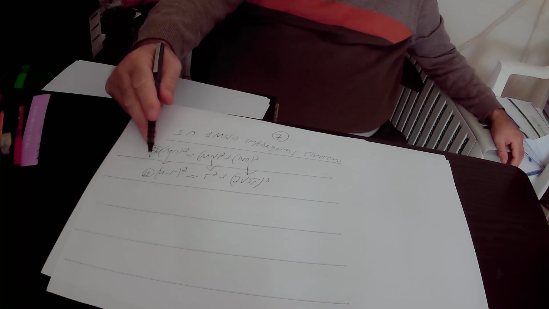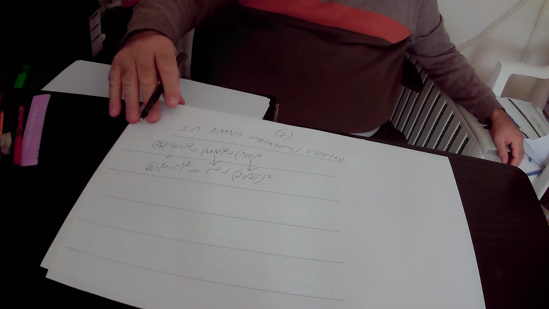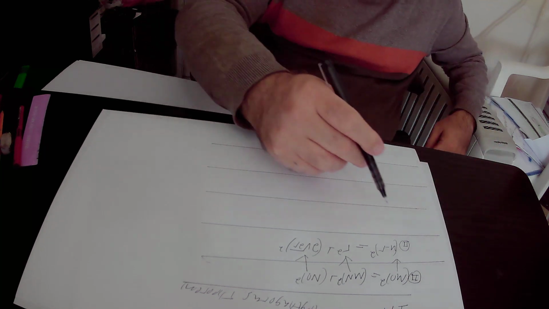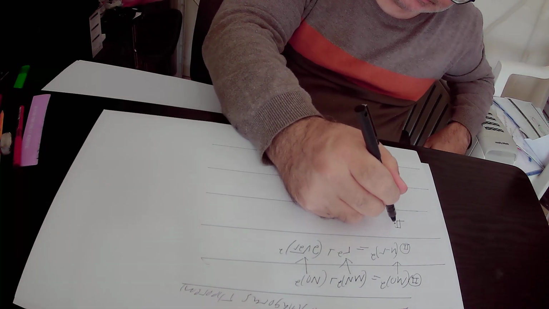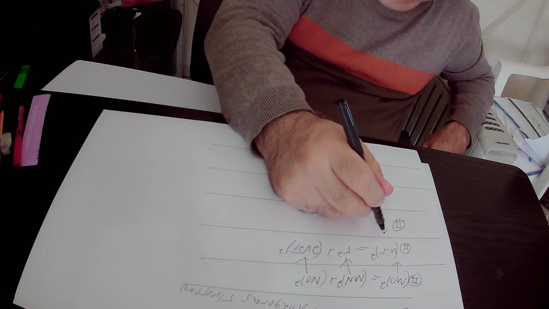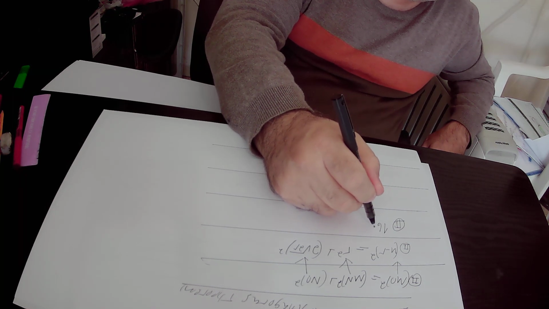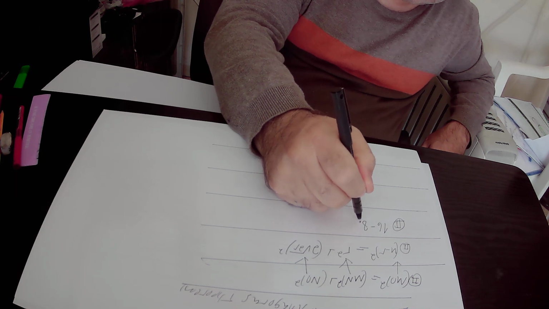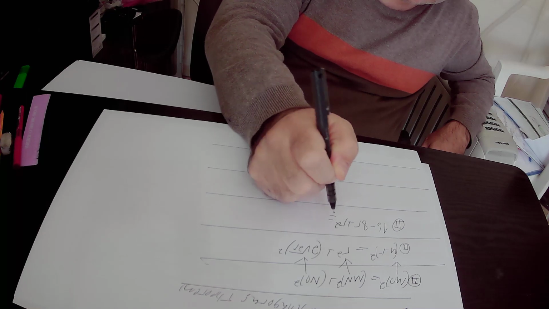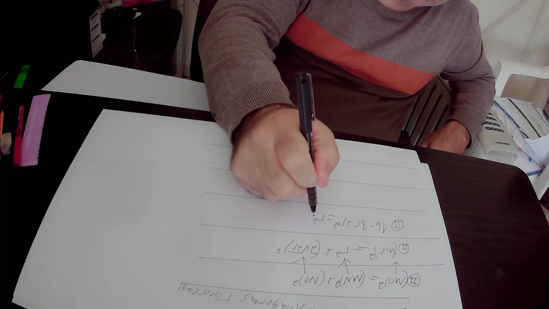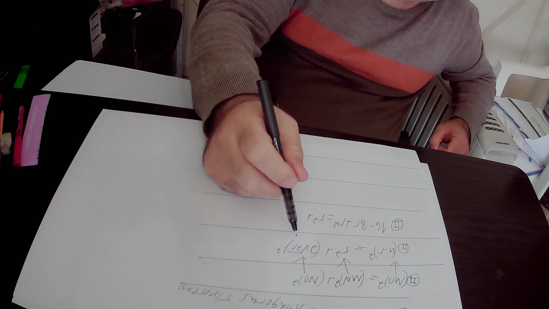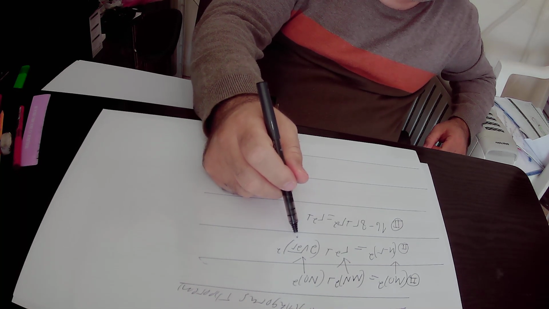Here we will open the brackets on both sides of equation number 2, and we will get that 4 minus R square is 16 minus 8R plus R square, and it equals to R square plus 2 times square root 2R square.